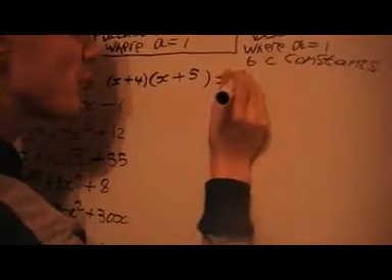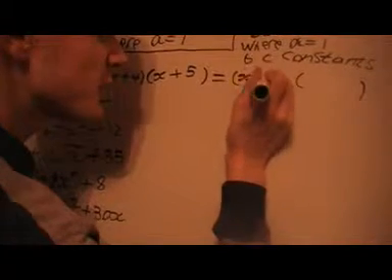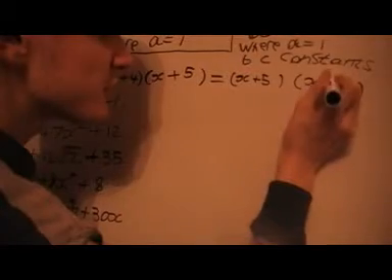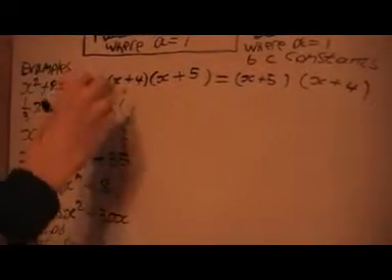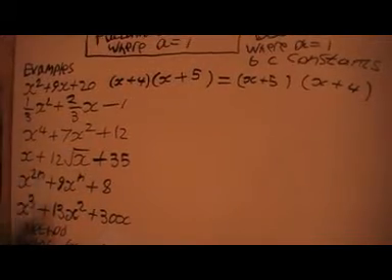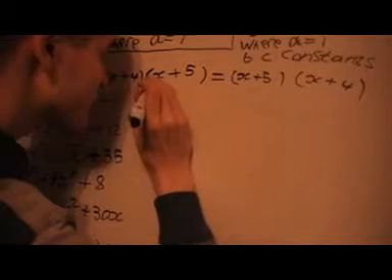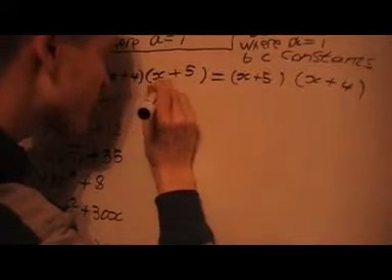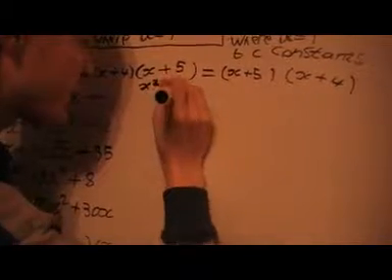But it's also right if you have the brackets the other way around and you decided to put x plus 5, x plus 4. And you can check by multiplying them back out. So let's just do that for the first one. When we multiply the x's, we're going to get x squared. Then we're going to get a 4x here, and a 5x there, that's 9x.